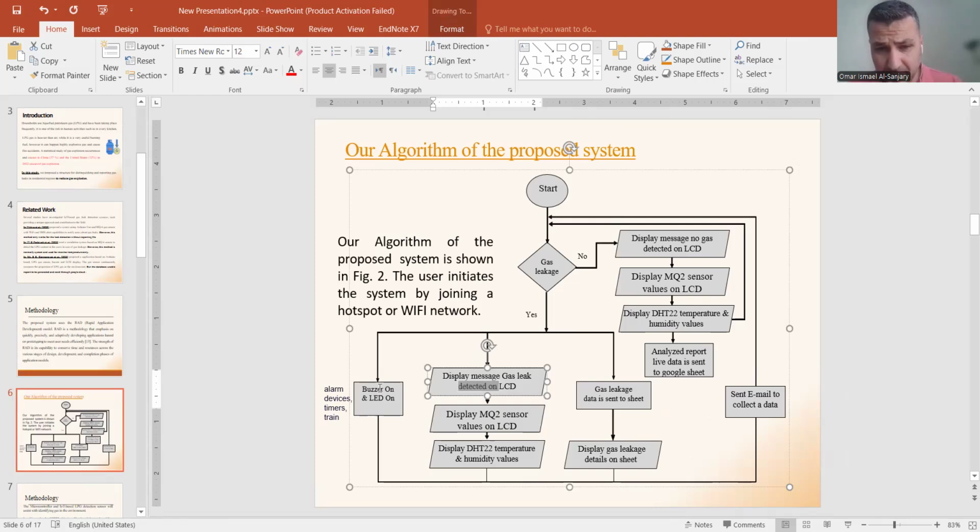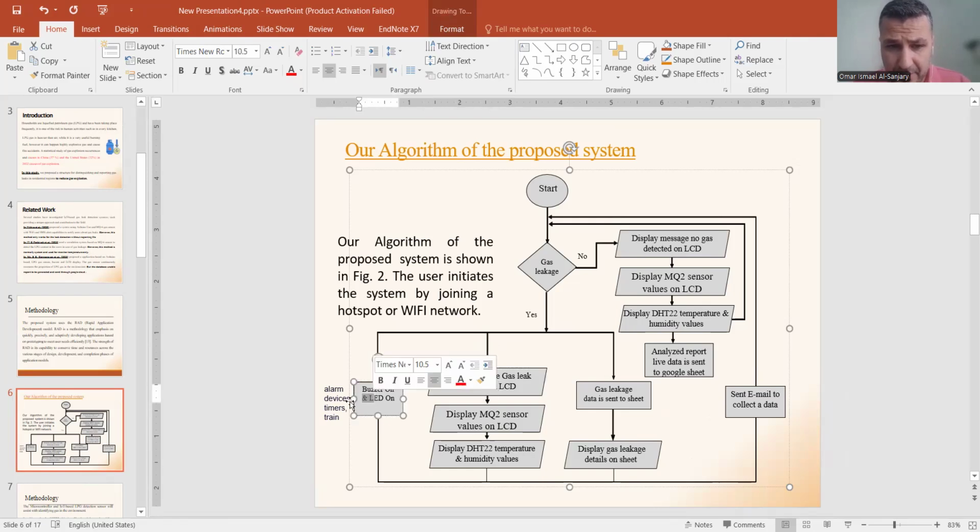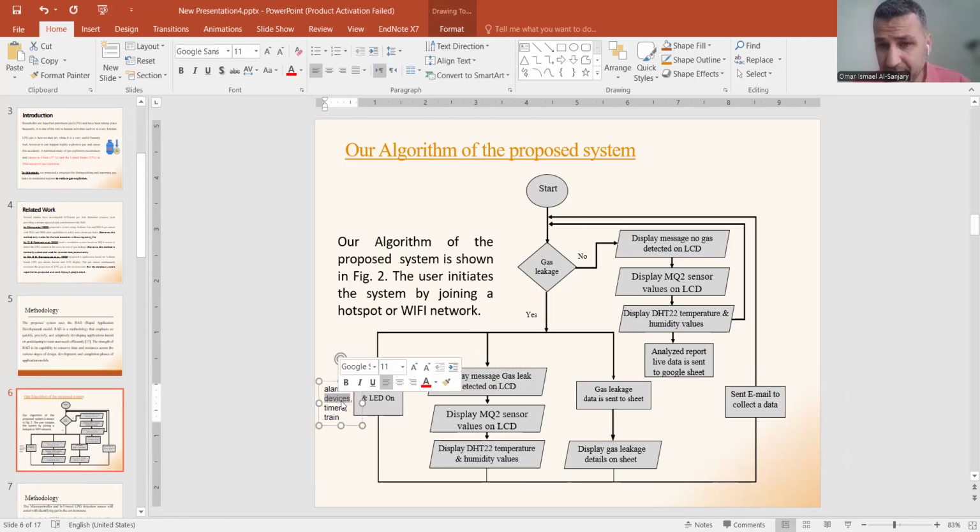What is the purpose of the buzzer and LED? The purpose is that the device is going to send an alarm to the user or to the administrator of the controller.